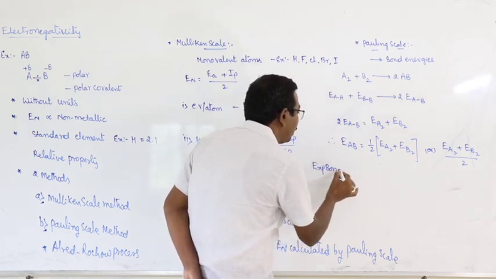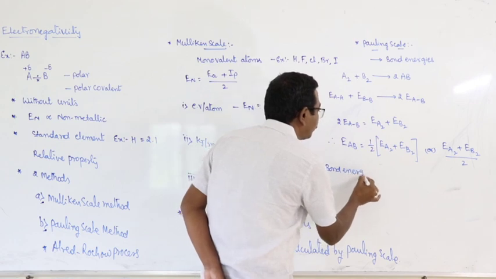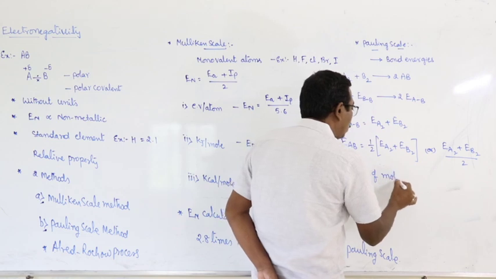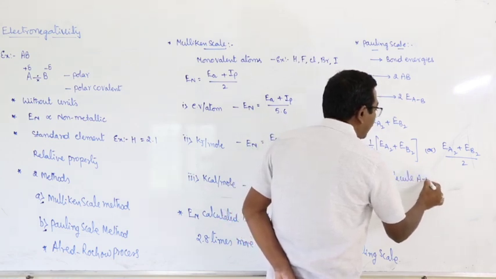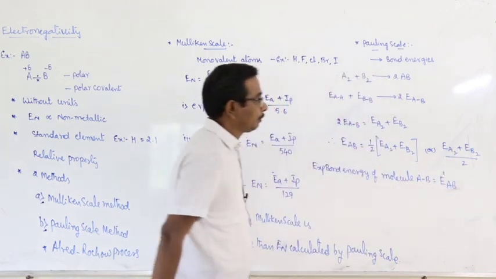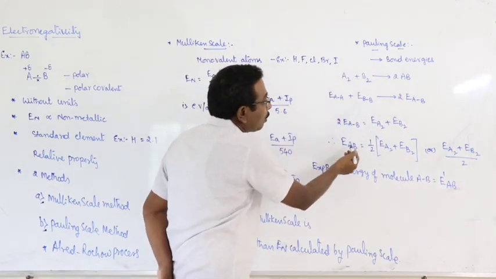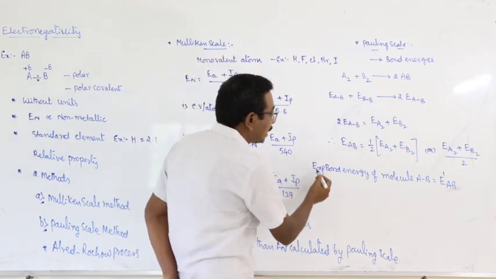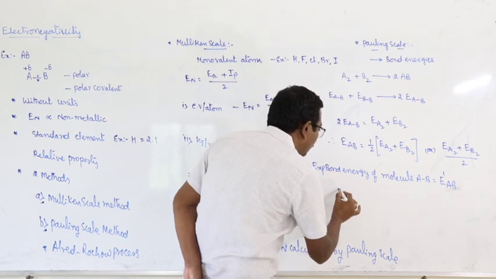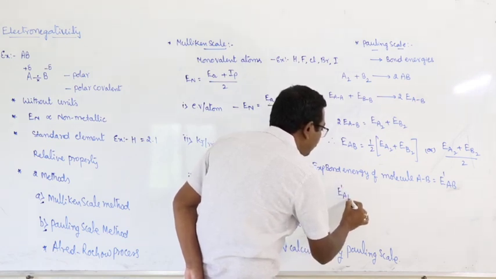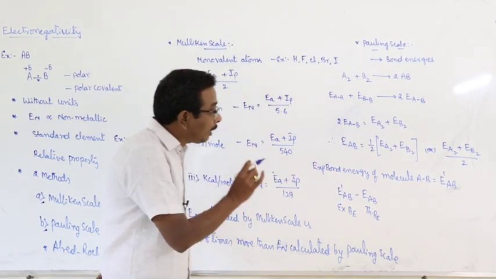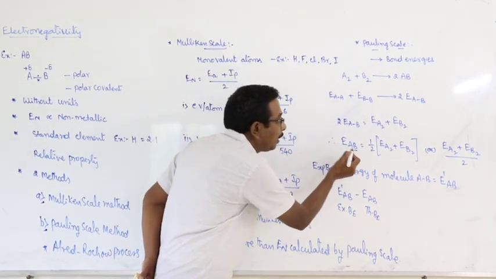Now, experimental bond energy of molecule A dash B is equal to E dash AB. This is the theoretically calculated bond energy. This is experimentally calculated bond energy. Now, this is the theoretically calculated bond energy of molecule AB.